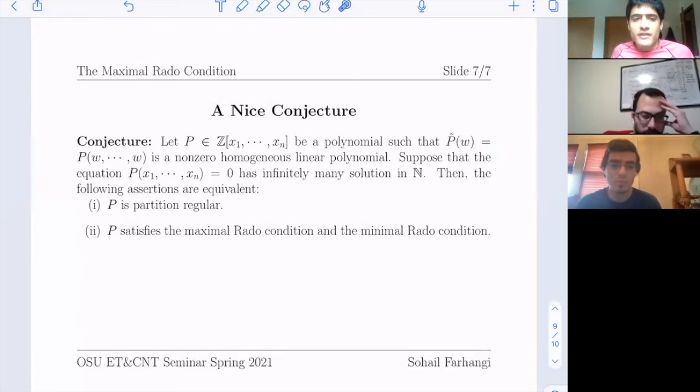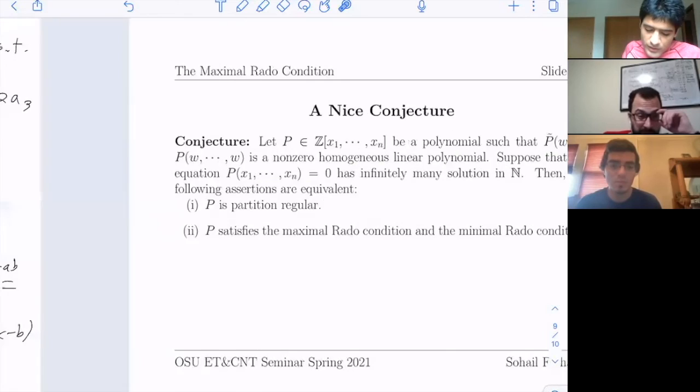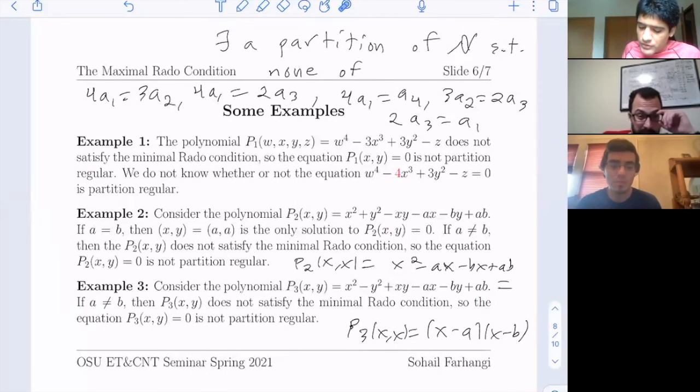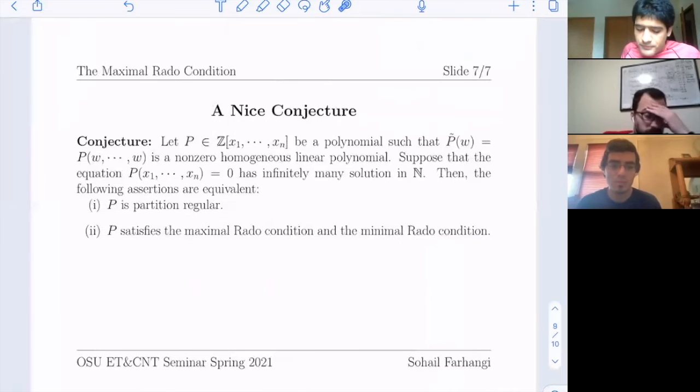They didn't give any further evidence to support this conjecture in their paper, because even in the examples that they considered, the P tilde is not linear, it's quadratic. But this still seems like a nice strengthening of the assumptions, and I'd be happy to see if it's true or not.